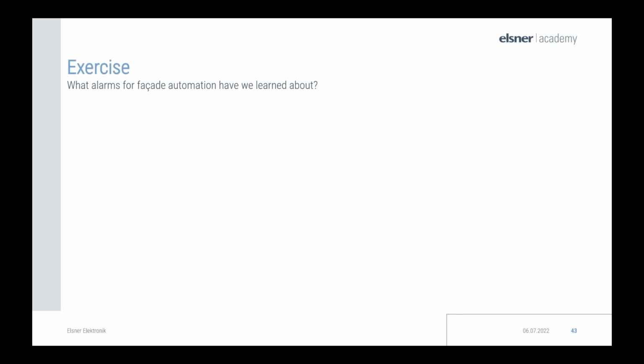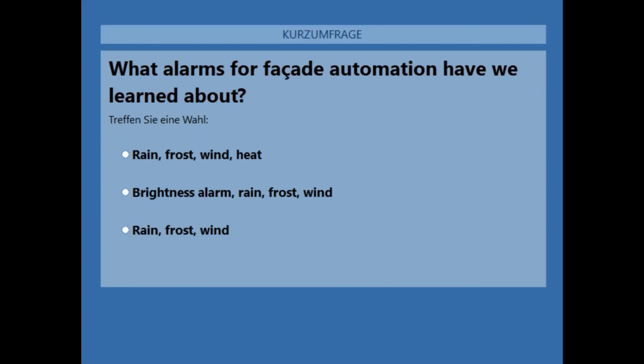Okay, now we're going to do another little exercise. It's the last one. So what alarms for facade automation have we learned about? What did we discuss in the last couple of minutes? I'm going to start the poll now.